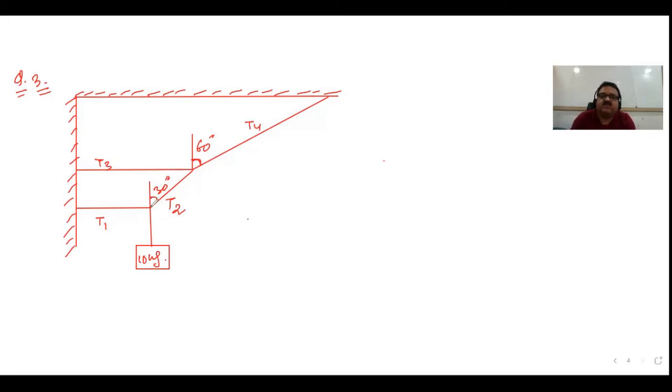Now one by one, we'll take 3 strings together. Now look at this. T2 acting along this direction, T1 acting along this direction, and this is the weight hanging like this, which is equal to 10 g, that is 100 Newton. Now what is our next task? We have to mark the angle.